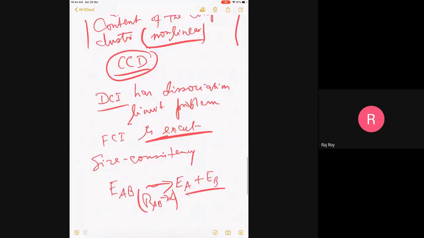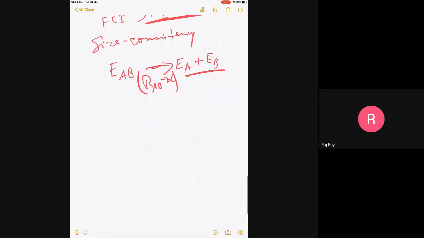Okay, so now what I am going to do is to write down the same DCI problem a little bit more generally. So psi DCI, a little bit more generally, because I wrote it in a minimal basis for only the dissociation problem, but now I'm going to write a more general problem. So phi Hartree-Fock plus the double excitation, which I'm writing as sum over A less than B, P less than Q, C_AB^PQ, phi_AB^PQ.